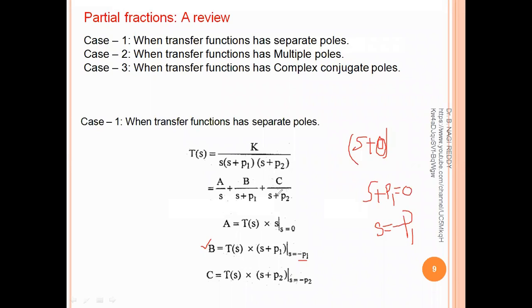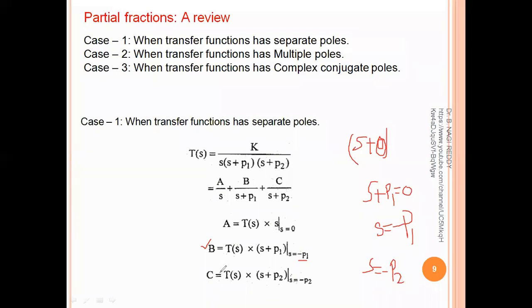Similarly, with the case of c also, you can see c by s plus p2. That means we must multiply the s plus p2 term to this entire transfer function like this, and substitute the s value as minus p2, because if you make s plus p2 equal to 0, then we will get the pole as minus p2.